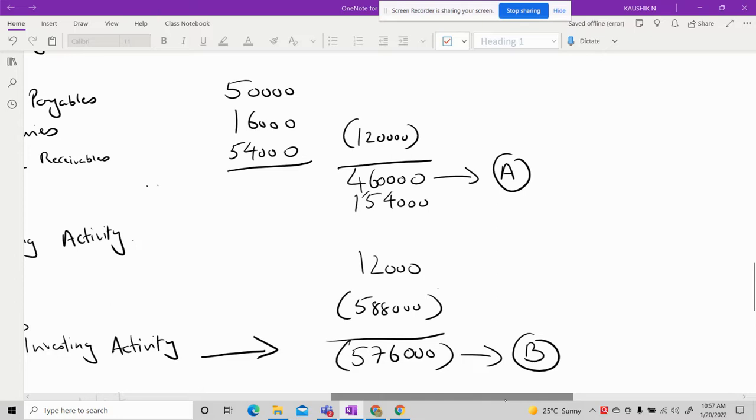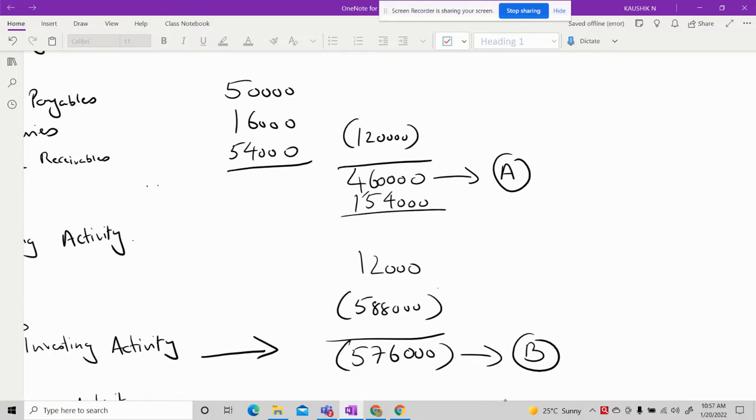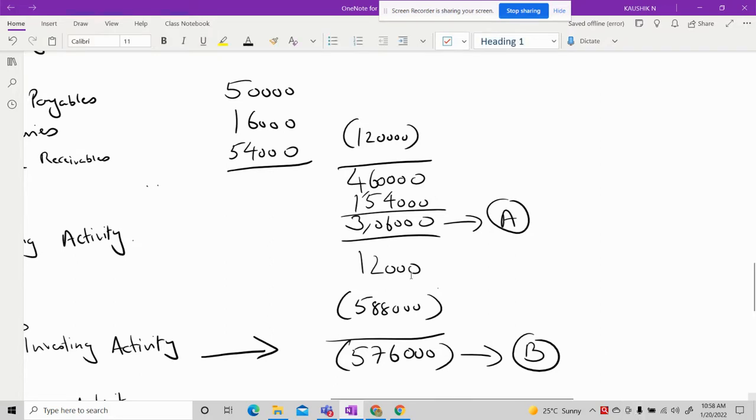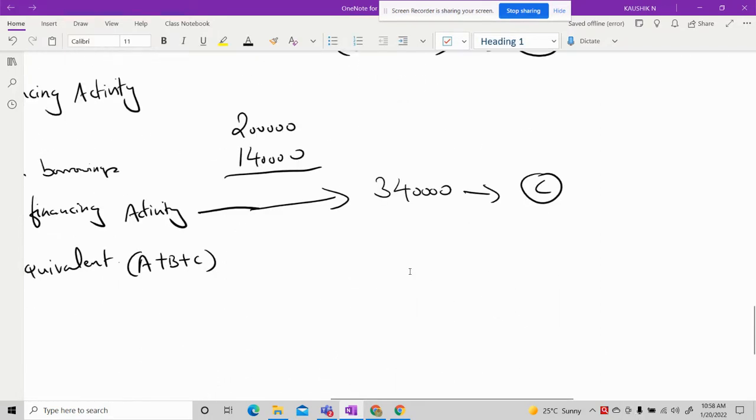So from 4,60,000, if I subtract that amount, the final value is rupees 3,06,000. So this is my A value. When I club all these three values, I'll get an amount of rupees 70,000.